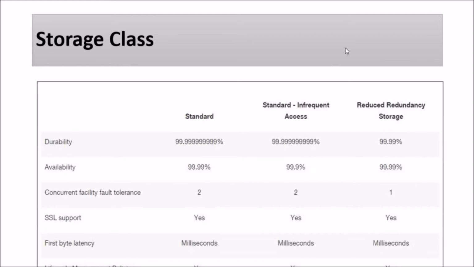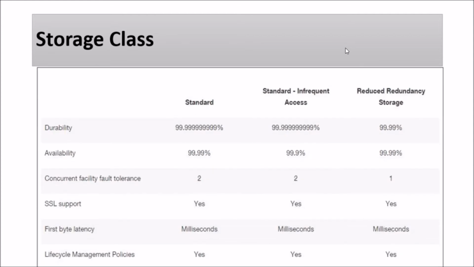Okay, so storage class. Here I want to show a few things about the storage classes and their properties. Here you can check standard, infrequent access and reduced redundancy storage, durability, availability and other properties. The most important for the exam are durability and availability.